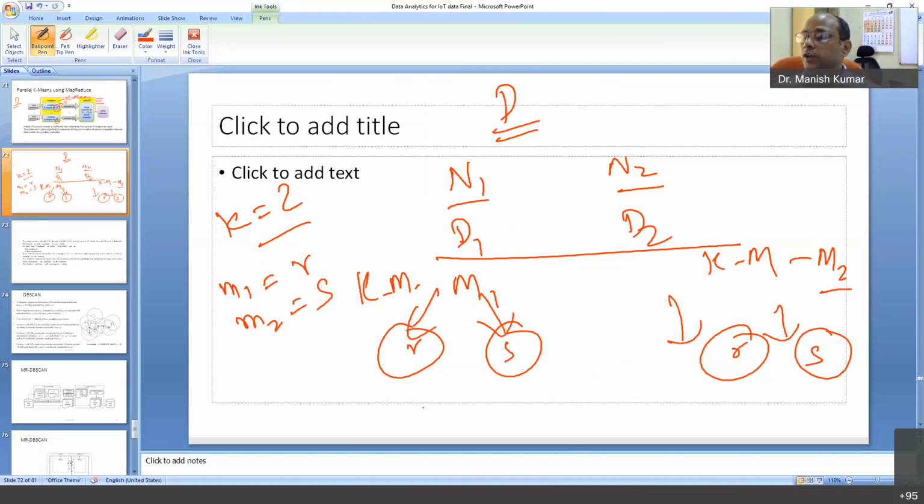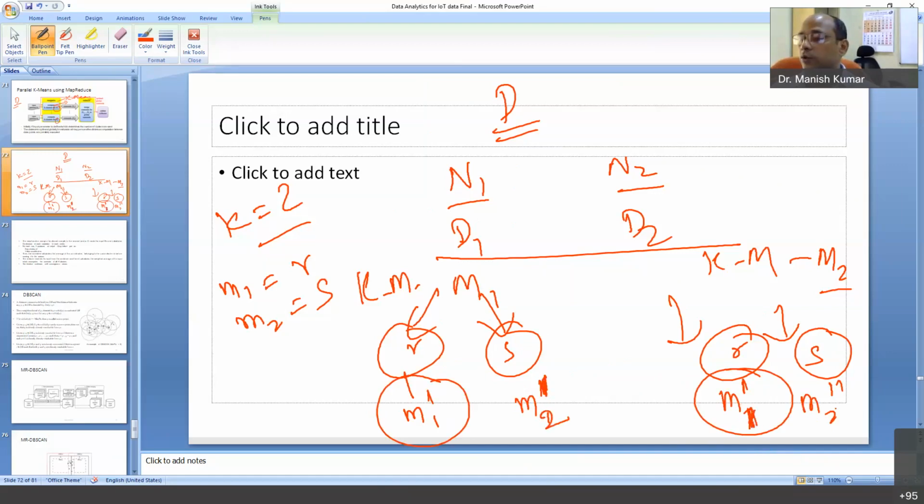Now when we go for an improved mean, I'll get some means, say M1 dash, M1 double dash, M2 dash, and M2 double dash. Sorry, this is M2 dash, this is M1 dash, and this is M2 double dash. So what we require is that before going for the next iteration, these two must be averaged out, and these two must be averaged.